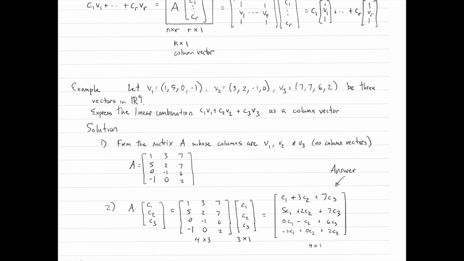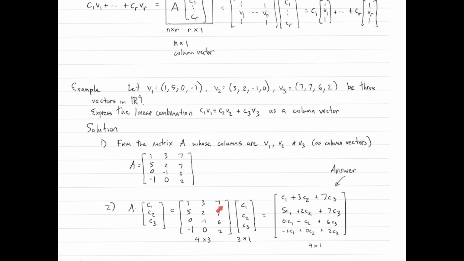So the first step of the solution is to form the matrix A, whose columns, and again, let me emphasize, the columns are V1, V2, and V3 as column vectors. So 1, 5, 0, 1, I've written that now vertically. 3, 2, negative 1, 0, also written vertically, and so forth with V3. And then I take this matrix A, and in the second step, I multiply by this 3 by 1 column vector containing the coefficients, and then do the matrix multiplication.